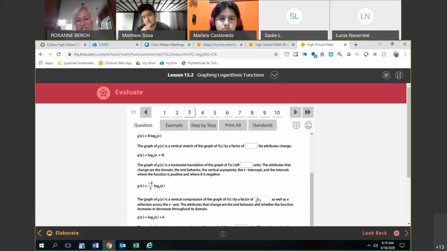This is a proper fraction, so we won't talk about that right now. But it doesn't accept -3/7, okay, good. It shouldn't, right? Because the vertical compression is 3/7, and then, you know, it's the reflection. So, okay, thank you for sharing.